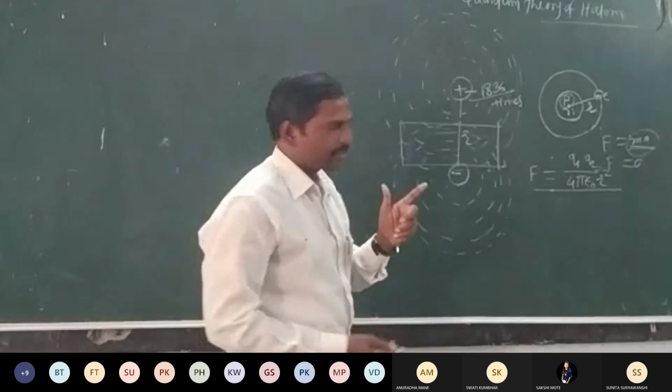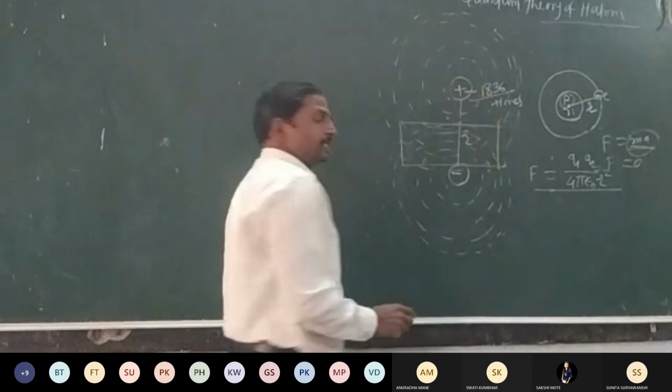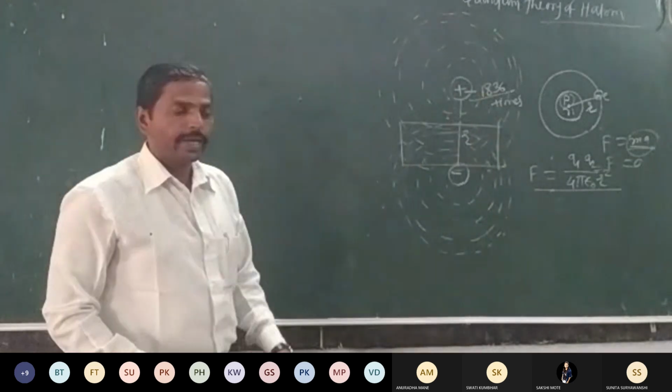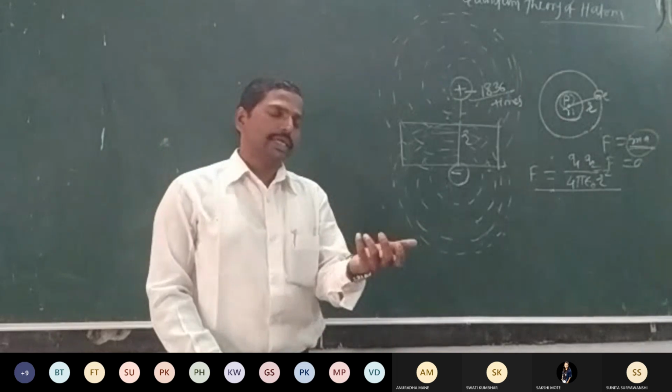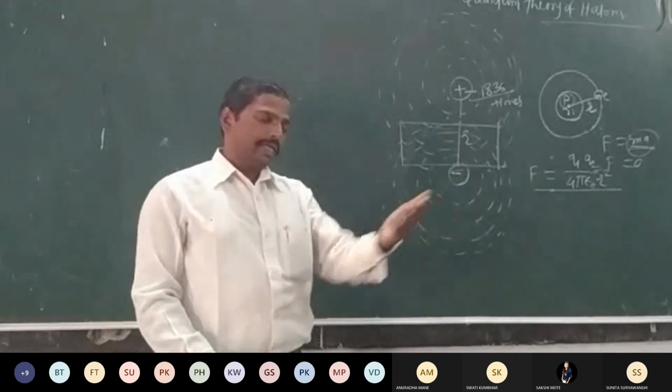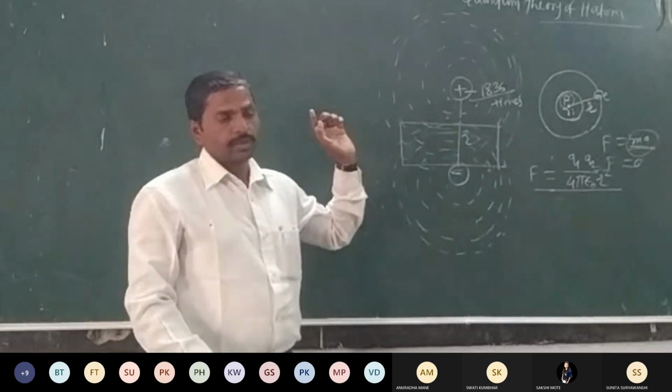Remember, the proton electric field balances the electron from escaping or accelerating or attracting towards the nucleus.